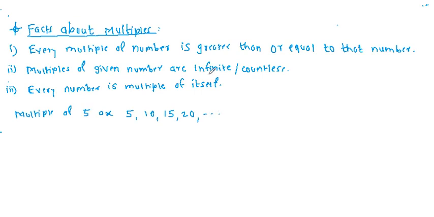So the very first number is 5, which means every number is a multiple of itself. These are the three points we need to remember regarding multiples. So these are some facts about multiples.